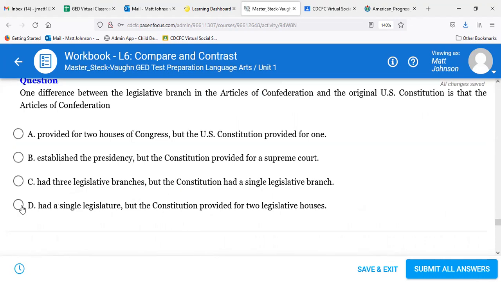So it is D as in dog, right? The Articles of Confederation had a single legislative body for the federal government, and the Constitution provided for 2 legislative houses. So there's the contrast there. D as in dog for number 10.